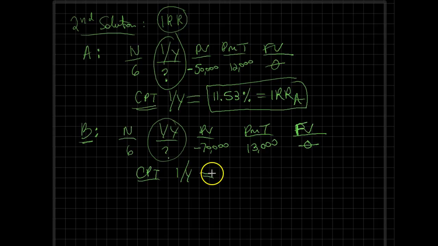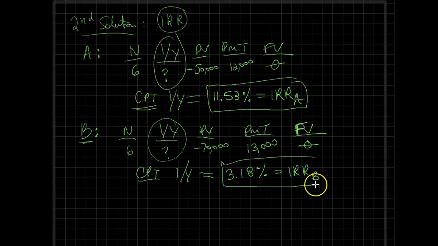You compute I over Y and it comes out as 3.18% as previously. So that would be the IRR of project B. That's a very efficient way to calculate the IRR if the cash flows, like in this problem, are even, meaning you have a constant stream of payments.